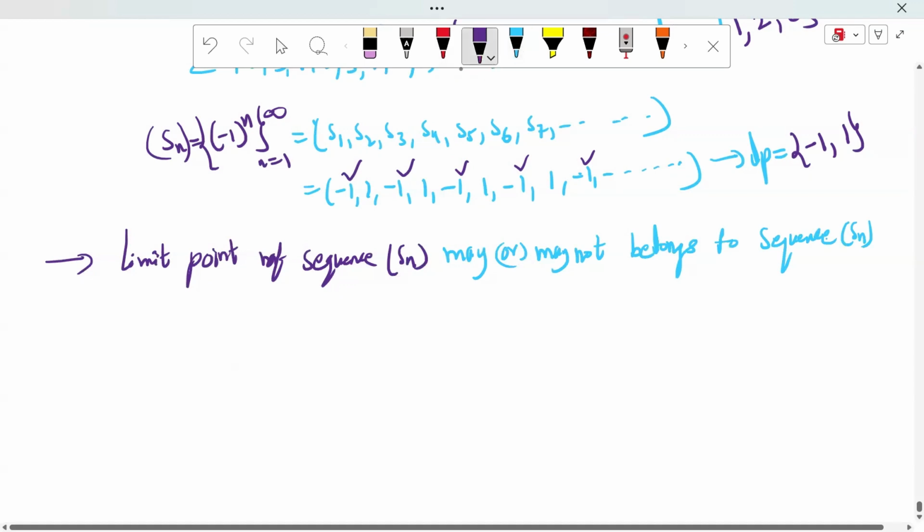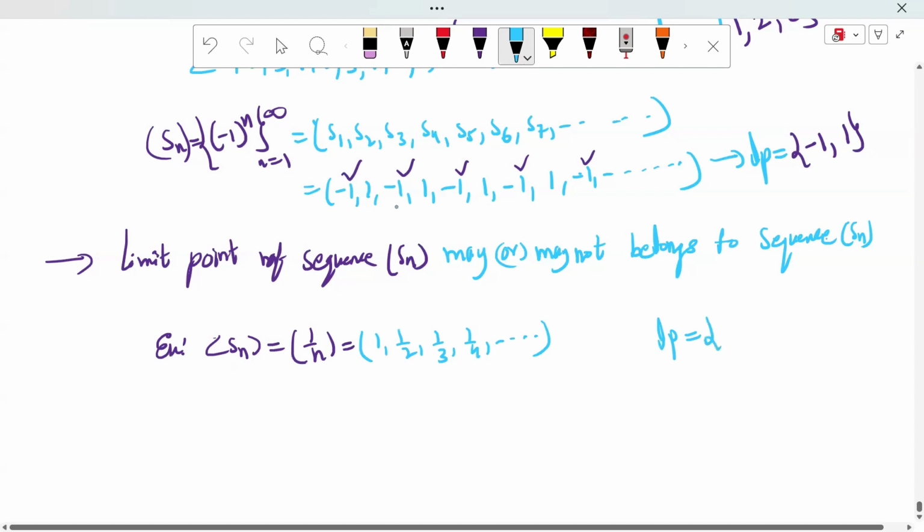For example, take the sequence Sn is equal to 1/n. What are the terms here, sir? The terms in the sequence are 1, 1/2, 1/3, 1/4, up to so on. What is the limit point here? The limit as n approaches infinity of Sn is equal to 0.